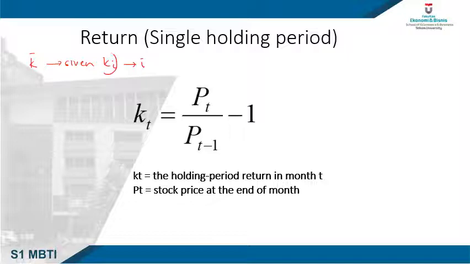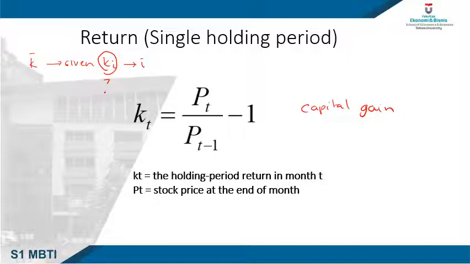Now, how can we measure the K over here? First of all, I will introduce you how to measure the K through the capital gain. We call this the capital gain. Capital gain is the return that we get from the difference of the ask and buying price from the stock or from the security.